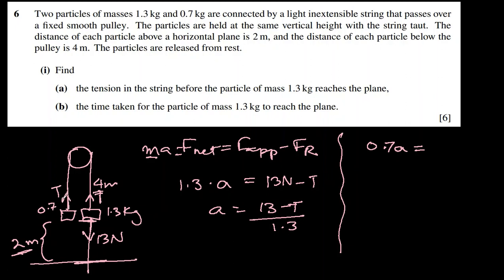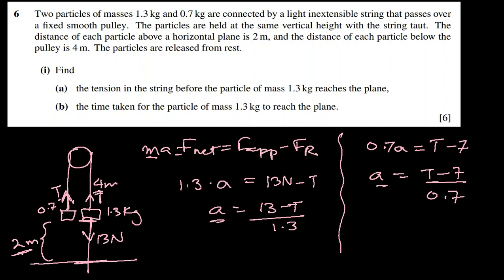Because this mass is going up, tension becomes the applied force, and the weight of the particle becomes the resistive force, which is 7 newtons. Here also we isolate A, which becomes (T minus 7) over 0.7.